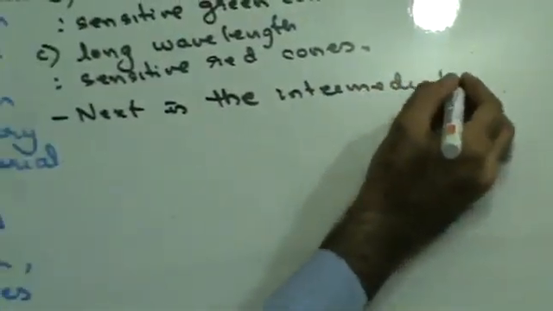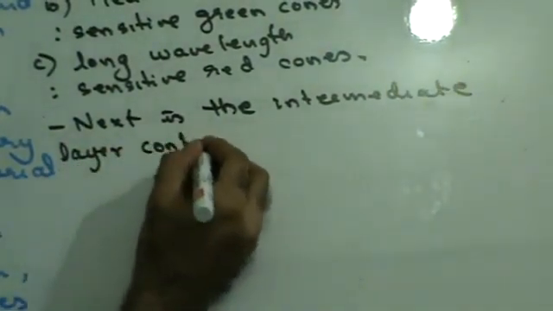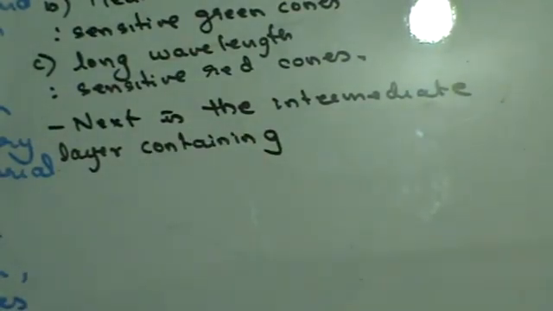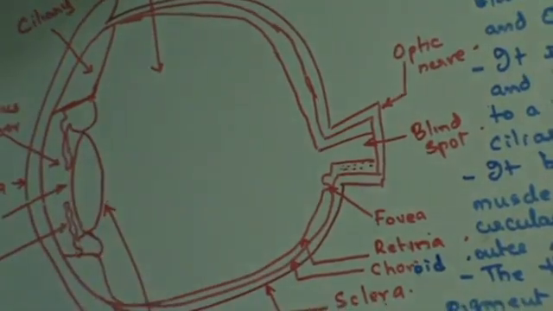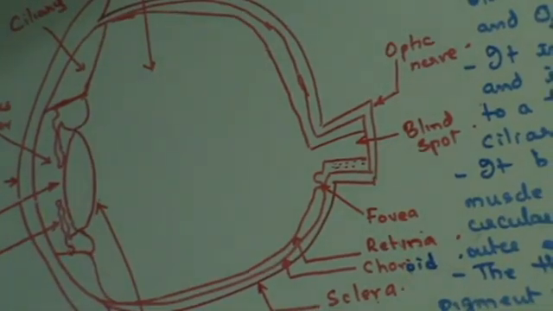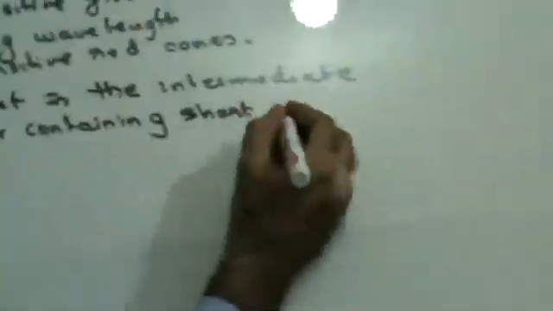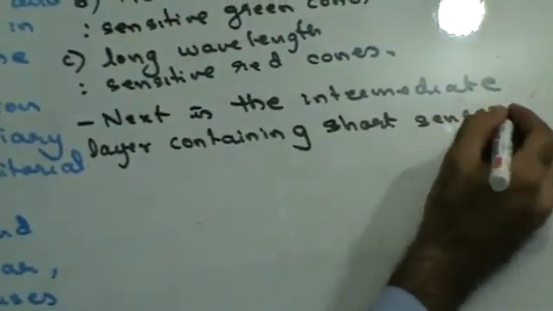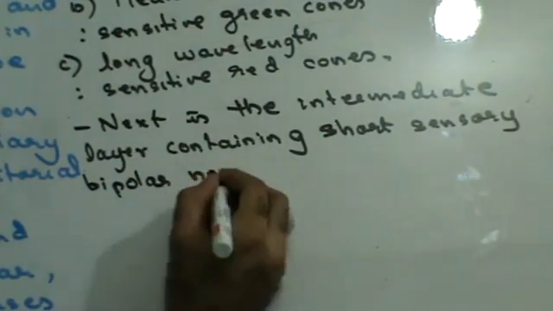Here's your intermediate layer, guys, can you see this? This is your intermediate layer. Next is the intermediate layer containing short sensory bipolar neurons.